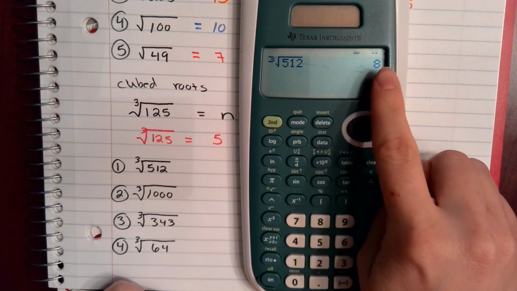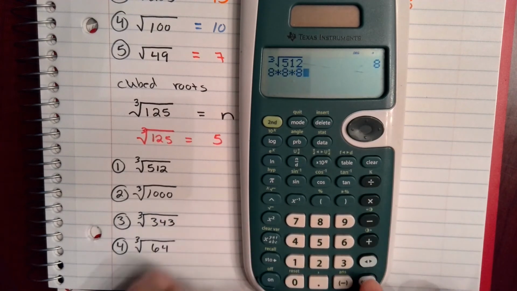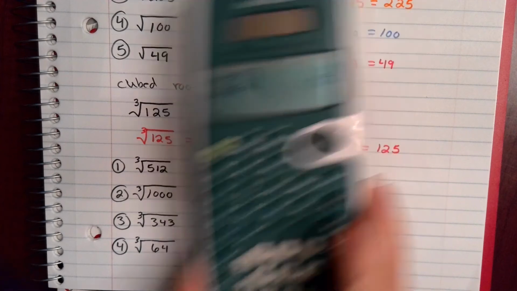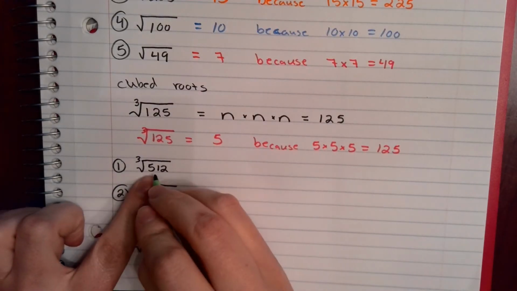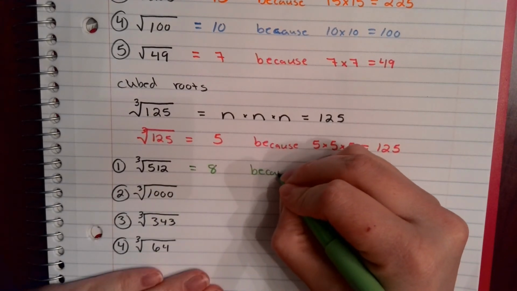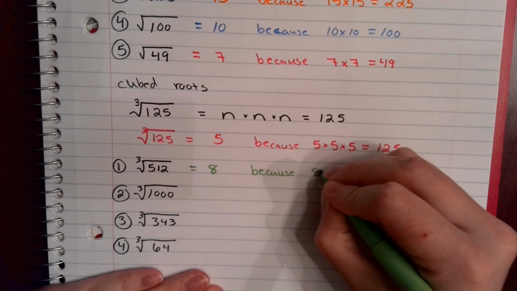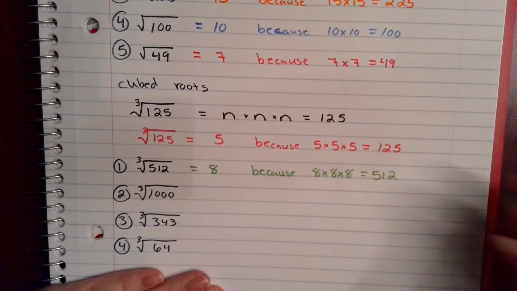That means 8 times 8 times 8. So if I type it, 8 times 8 times 8, that equals 512. So the cubed root of 512 is equal to 8 because 8 times 8 times 8 is equal to 512.